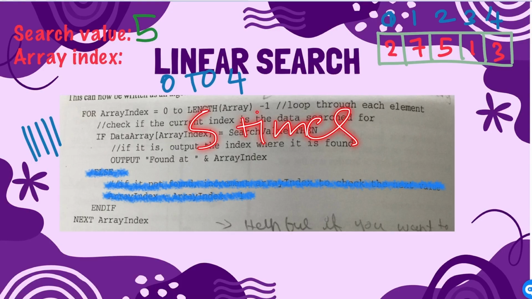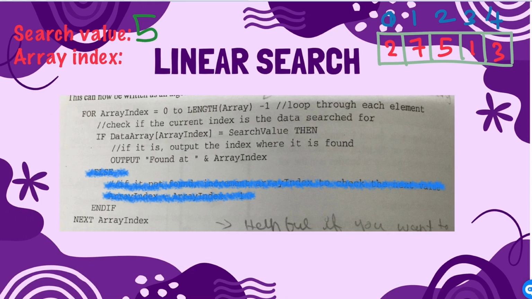Okay, let me erase all of these. Alright, so it's going to go from 0 to length array minus 1. So our first array index is 0. Let's put that there. Next, if data array, array index, equals search value, then what is data array index? I'm going to show you how it is represented.